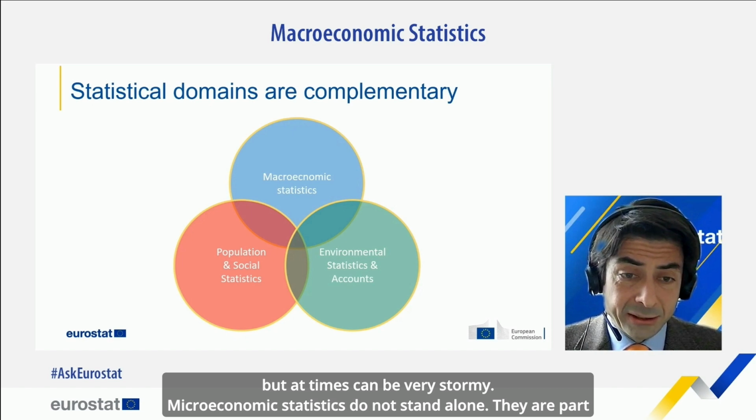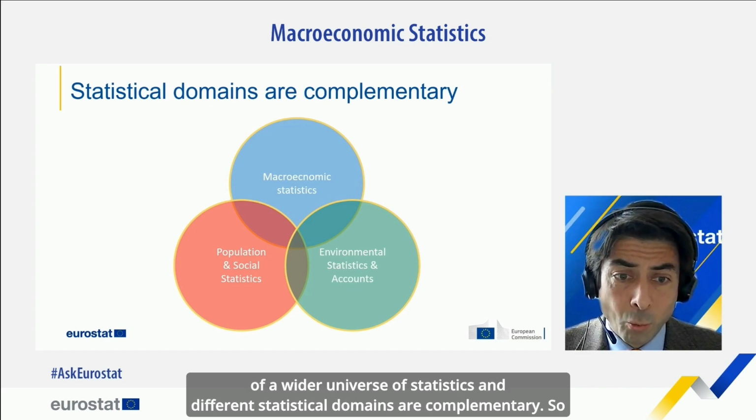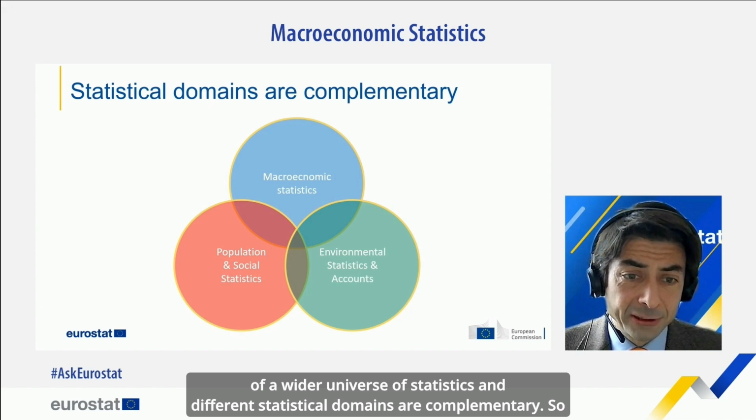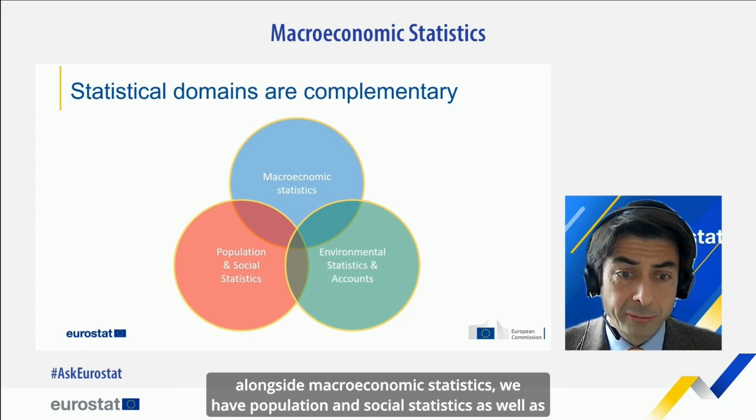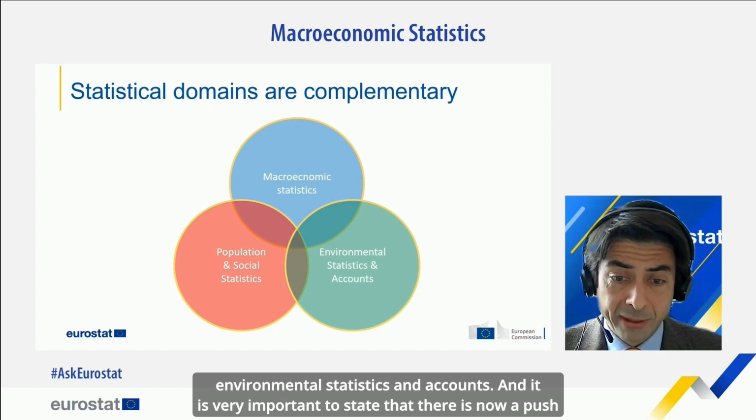Macroeconomic statistics do not stand alone. They are part of a wider universe of statistics, and different statistical domains are complementary. So alongside macroeconomic statistics, we have population and social statistics, as well as environmental statistics and accounts.